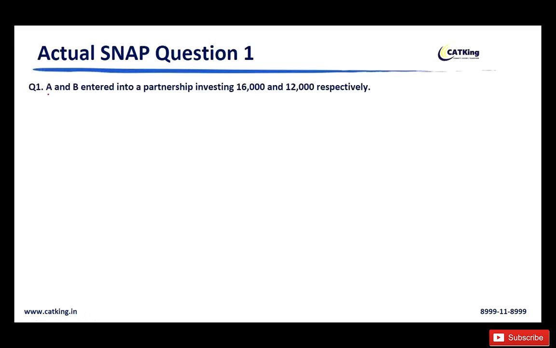Question number 1 says that A and B entered into a partnership investing 16,000 and 12,000 respectively. That is, A spent 16,000 and B spent 12,000 respectively. After 3 months, A withdrew 5,000 rupees while B invested 5,000 more.